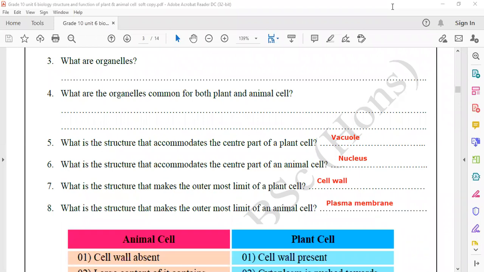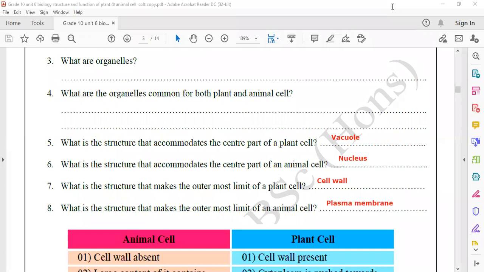Sanjana, plasma membrane, is it located in the cytoplasm? Tell me, Sanjana. Is it located in the cytoplasm? If it is located in cytoplasm only, it is an organelle.